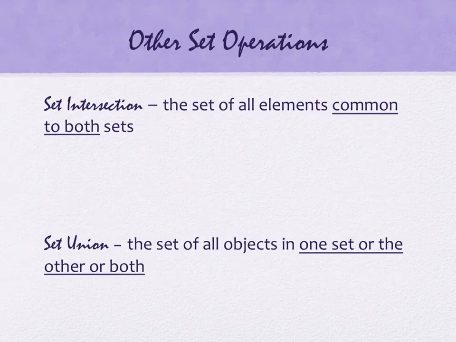The first one we're going to look at is called set intersection. The intersection of two sets is a set of all elements that are common to both sets. Sometimes our math language and our English language don't match up very well. This is not one of those cases. When we talk about an intersection of the streets, this is exactly what we mean.